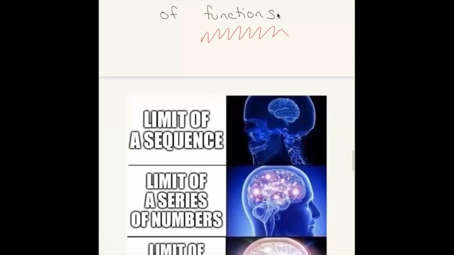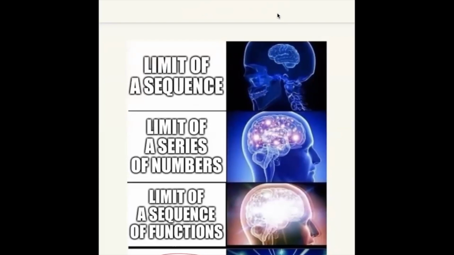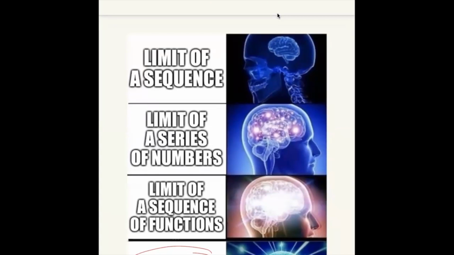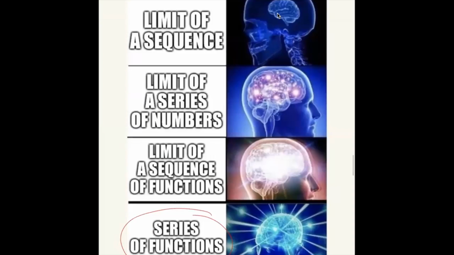We saw a similar hierarchy earlier: in 131A, you start from limits of sequences, then you go to series of numbers. Well, now last week we talked about the limit of a sequence of functions, so the natural next step is a series of functions, the limit of a series of functions.